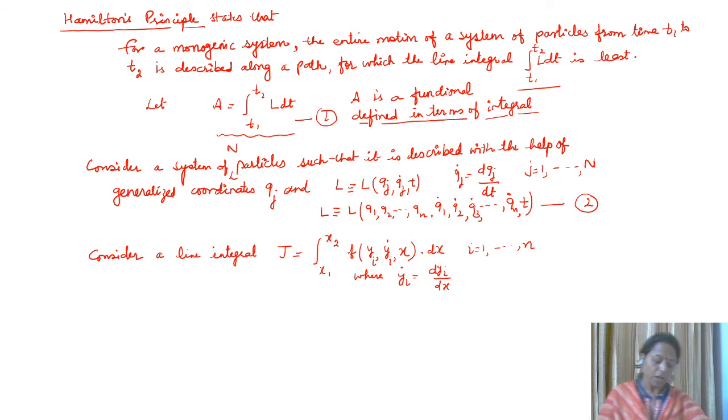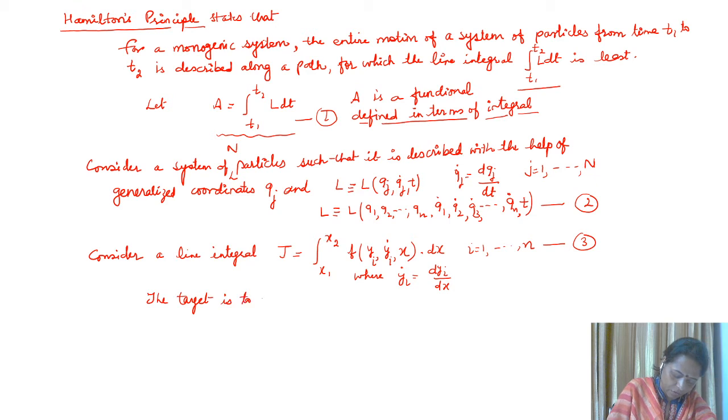Now what is our target? Our target is to find the path for which J is stationary. This is what we do in the calculus of variation technique.